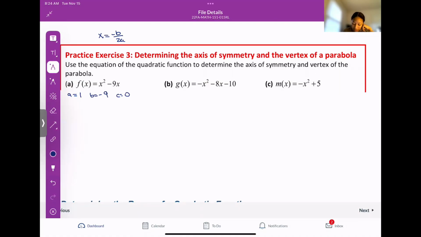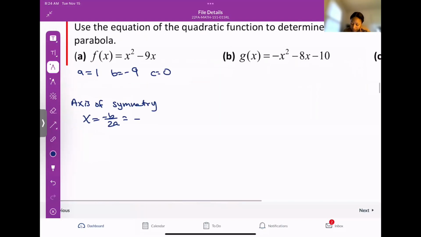For the axis of symmetry, we want x equals negative b over 2a. That would be x equals negative negative 9 over 2 times 1. And then just simplify it.